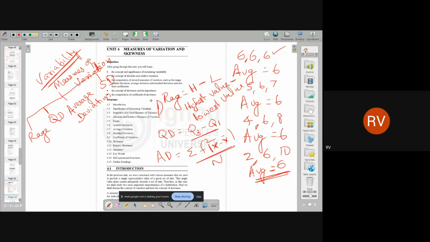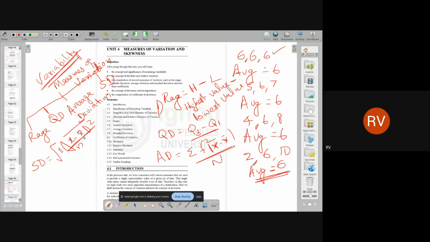That is the average deviation. Standard deviation is equal to the square root of sigma (x minus x bar) the whole squared, divided by n.